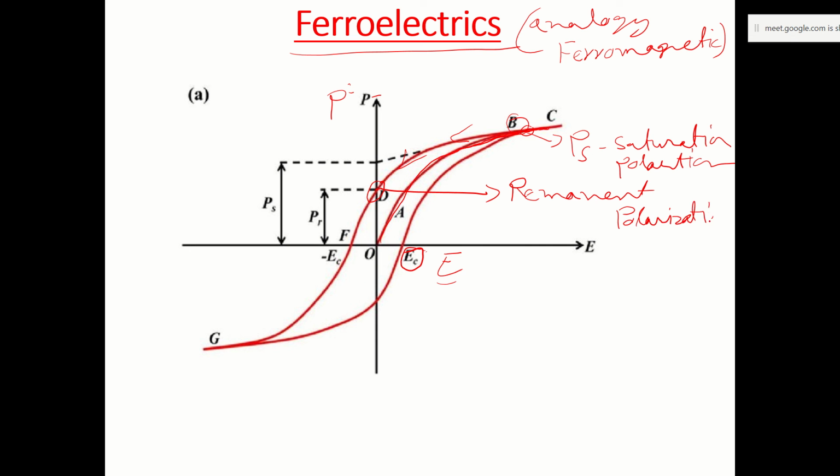Here it is due to the alignment of dipoles in a molecule when the electric field is applied. So remanent polarization, P R, that's how we represent it. And then you see the value of EC. So this is the coercive field. It is the electric field required to make the polarization zero.